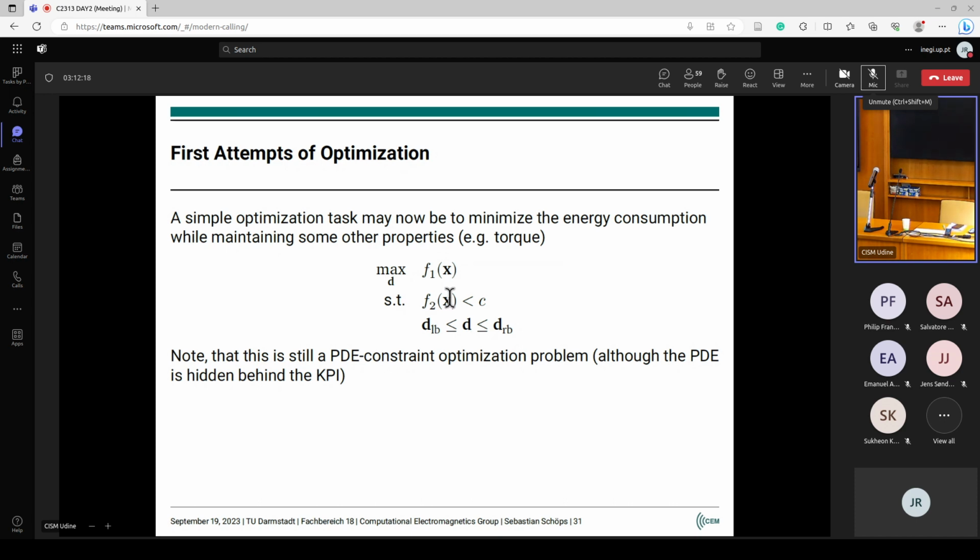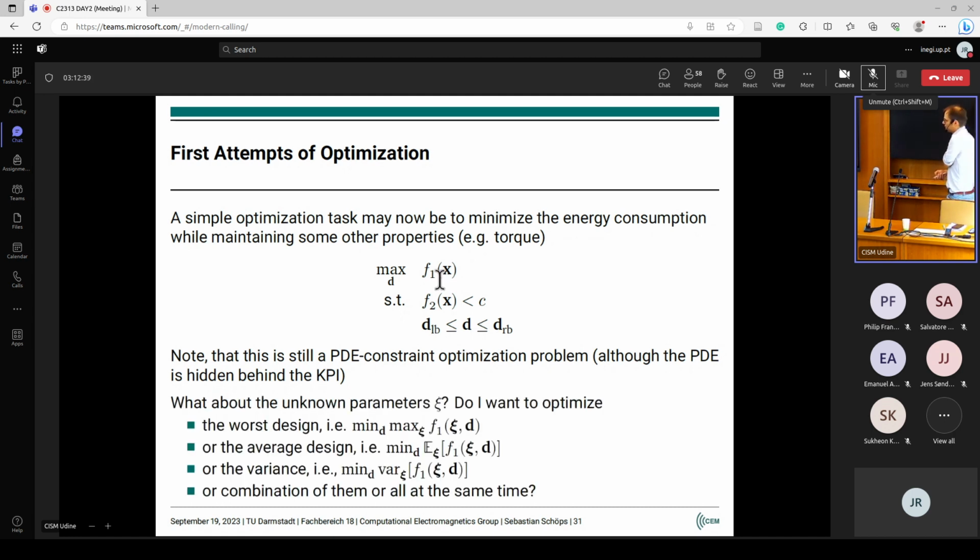My point here is that I want to discuss with you how optimization problems look, and you rarely can optimize just for one goal. In this formulation, and that's the one I will be using in the slides as well, you see that the PDE is totally gone. It's essentially hidden in the evaluation of those differences.